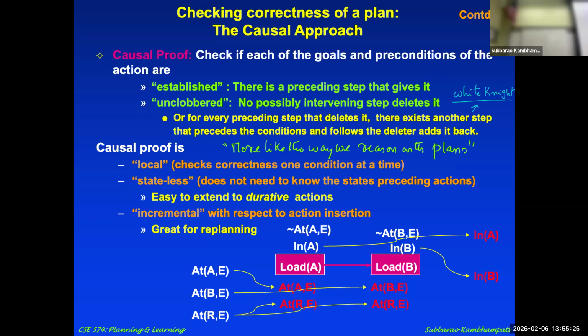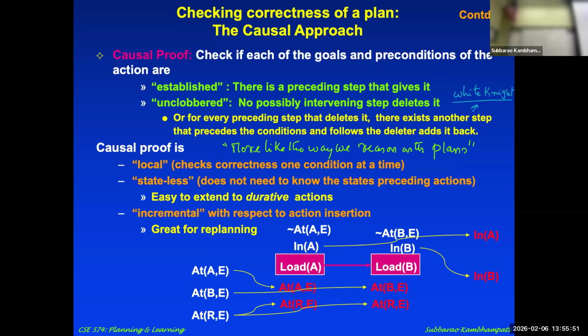So in short, each precondition needs to be supplied by someone else's action, as long as you can show that causal link between them. Exactly. And then notice that S0 is also a step. It is a dummy step, but it's also a step. So you can support some conditions from the initial step itself.